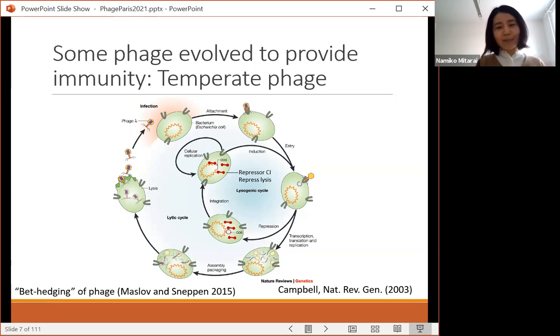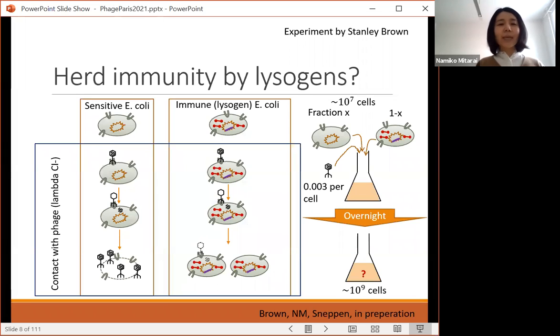So we did a simple experiment of mixing sensitive E. coli and immune cells, the lysogens, and then we had them attacked by a phage that will be repressed if the repressor protein is expressed. So if this phage infects the lysogens, it will inject the DNA but cannot do anything, and the bacteria will just happily grow.